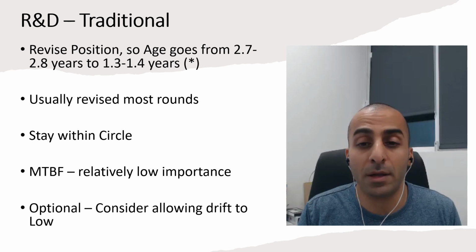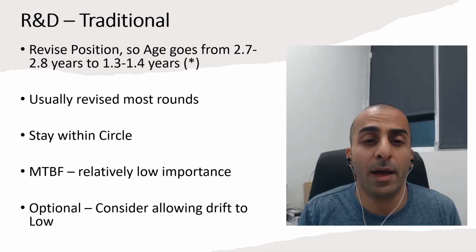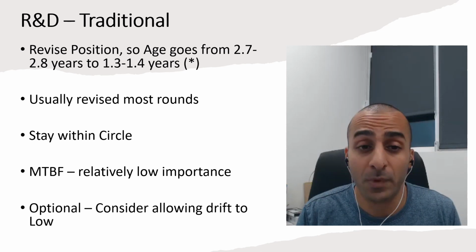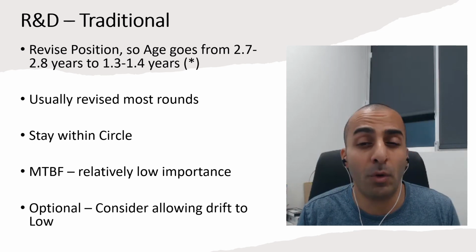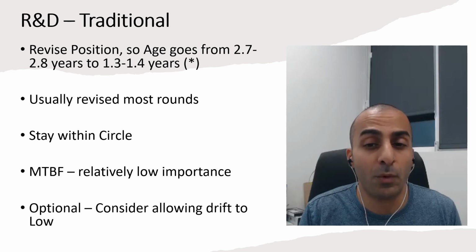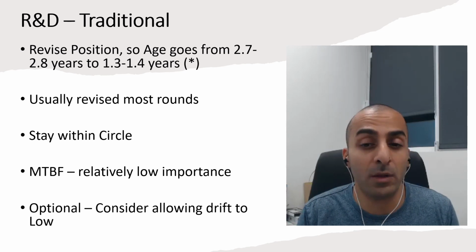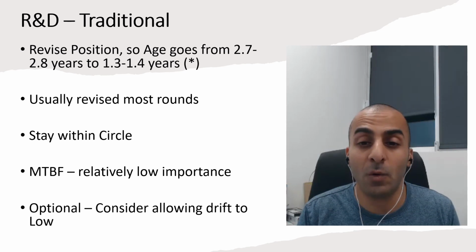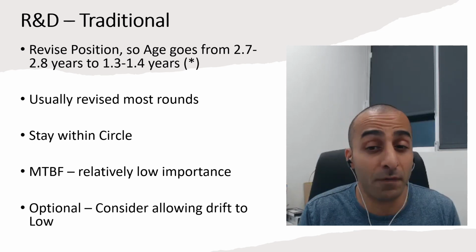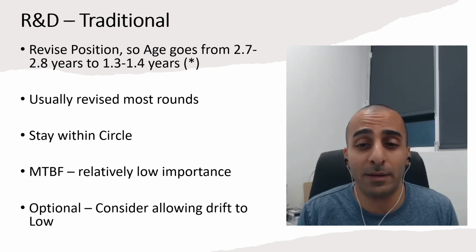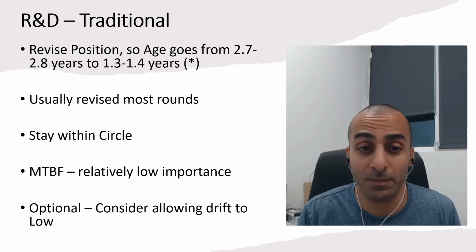So let's summarize what we talked about up to this point. We want to take the age as our main concern here. So we want to revise the age from roughly 2.7, 2.8 to 1.3, 1.4. If you want the explanation, I will add a quick explanation at the end of this video, or you can just believe me, but I recommend watching the explanation.